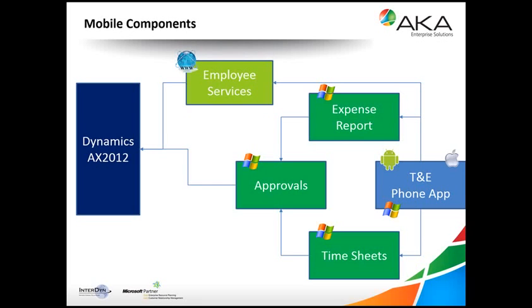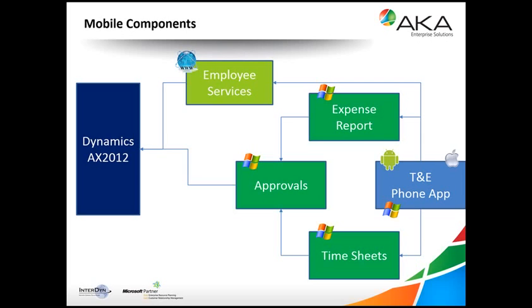Here you can combine your expenses into an expense report, and you can work further on timesheets, and then route these to approvals. And there's a special app for approvals where a project manager can approve expenses and timesheets and budgets and so on, and that could then be routed directly into Dynamics AX 2012.